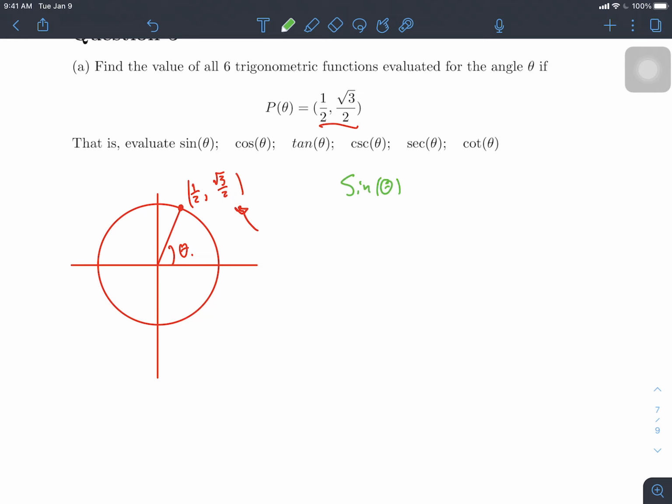If theta points at the point x comma y, then sine of theta was just y, and that's square root 3 over 2 in this case. Cosine of theta was equal to the x coordinate, which in this case is 1/2. Tangent of theta was equal to the ratio between the y and the x, which in this case is square root 3 over 2 divided by 1/2, so just square root 3.